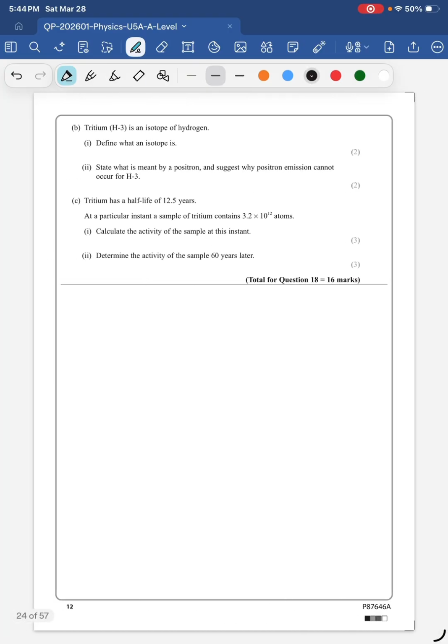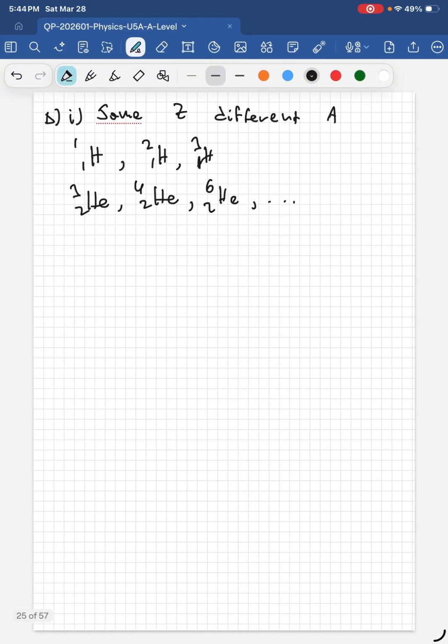B ii. State what is meant by a positron and suggest why positron emission cannot occur for hydrogen-3. So the positron has a lepton number of -1 and a charge of +1, and it's the antiparticle of the electron.